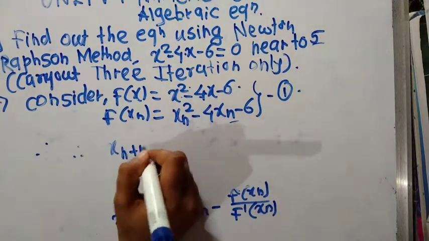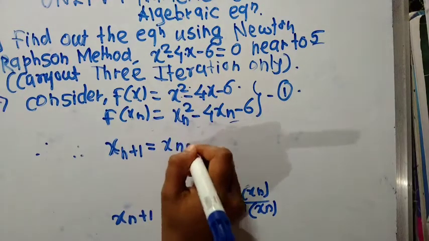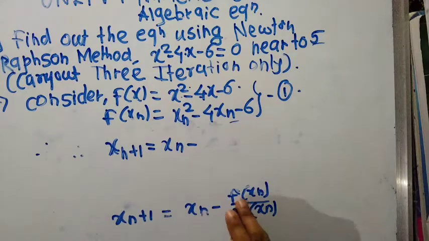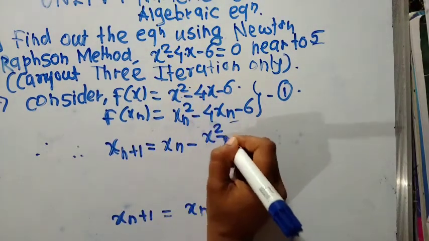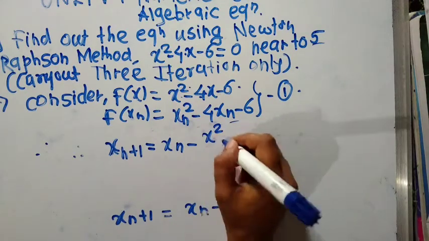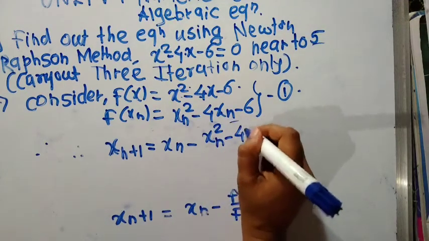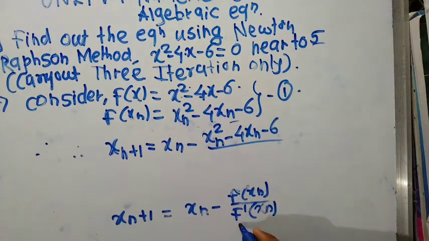Here f of xn is xn square minus 4xn minus 6.